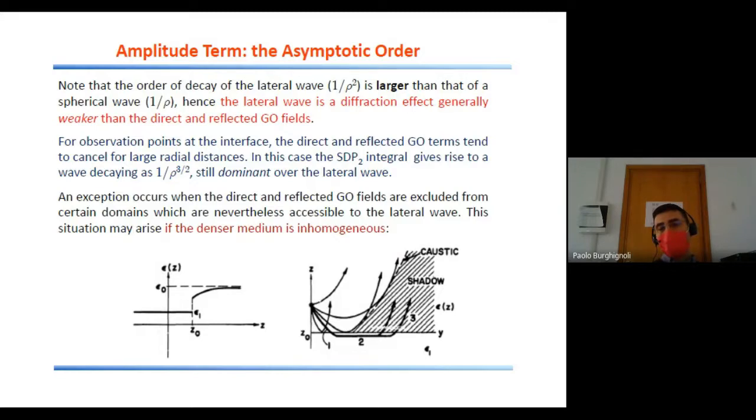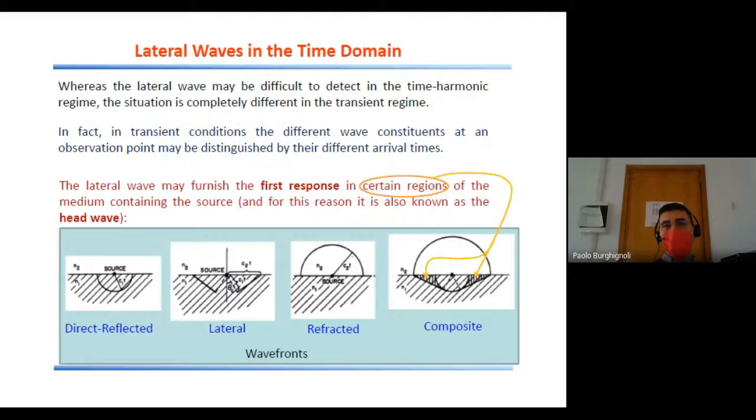This is, of course, the situation when we are considering time harmonic waves. But if you consider things in the time domain, so for transient sources and fields, the situation may completely be different. And in that case, the lateral wave is very easily observed.